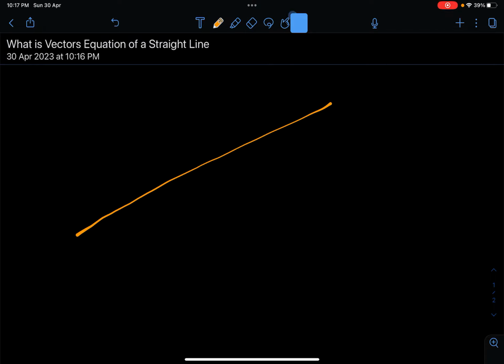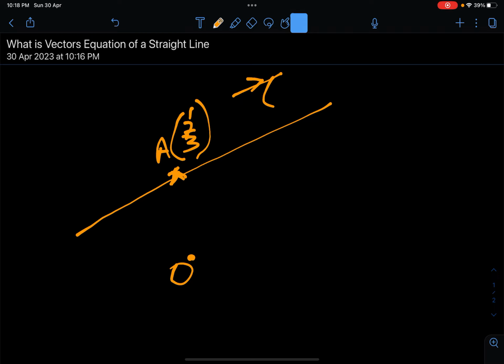All right, so let's say this is the origin, and then we have point A. Point A, let's say, is (1, 2, 3). And then this line is parallel to, say, the vector (2, 1, 5).